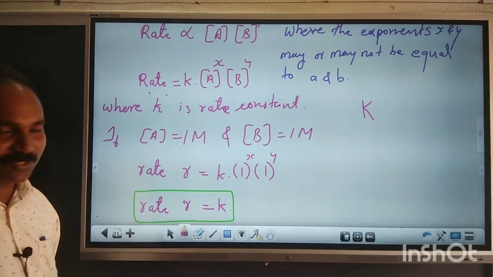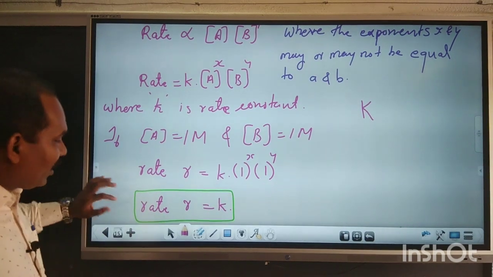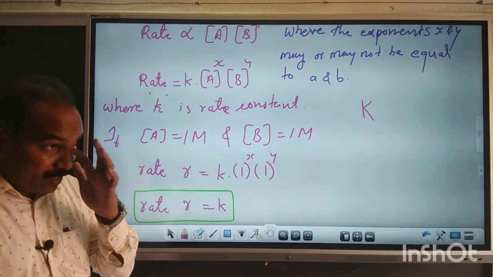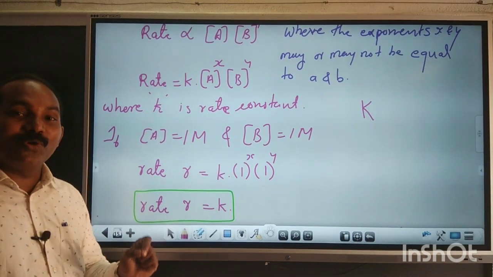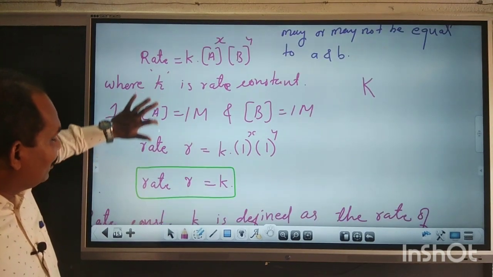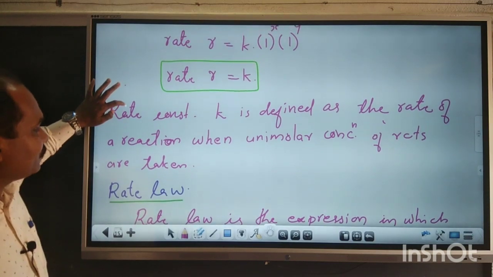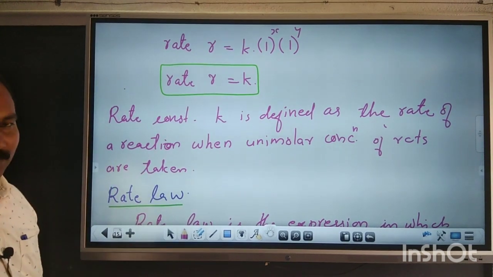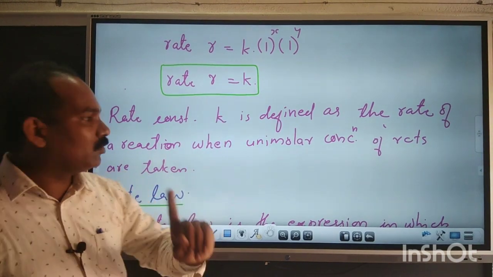Can you define the rate constant? Okay, I will define. Rate constant k is the rate of a reaction when unimolar concentrations of reactants are taken. Unimolar means the concentration is 1.